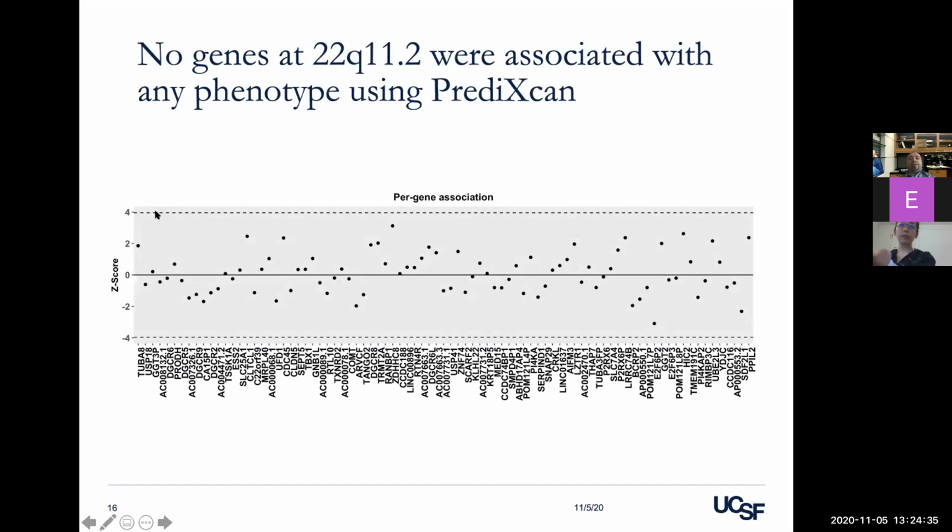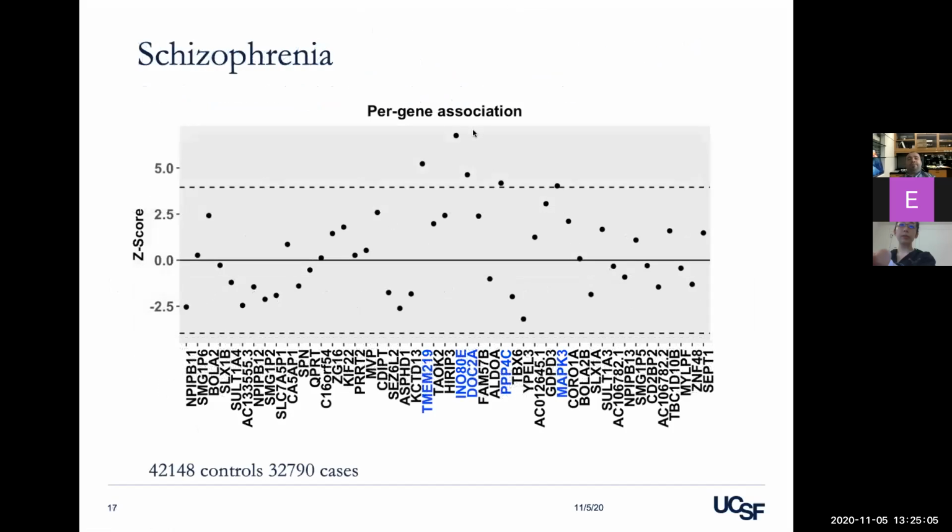These dashed lines represent the significance threshold. If a z-score surpasses one of these lines, then this gene is significantly associated with this trait. Long story short, no genes at the 22q region were associated with any of these traits using our methodology.